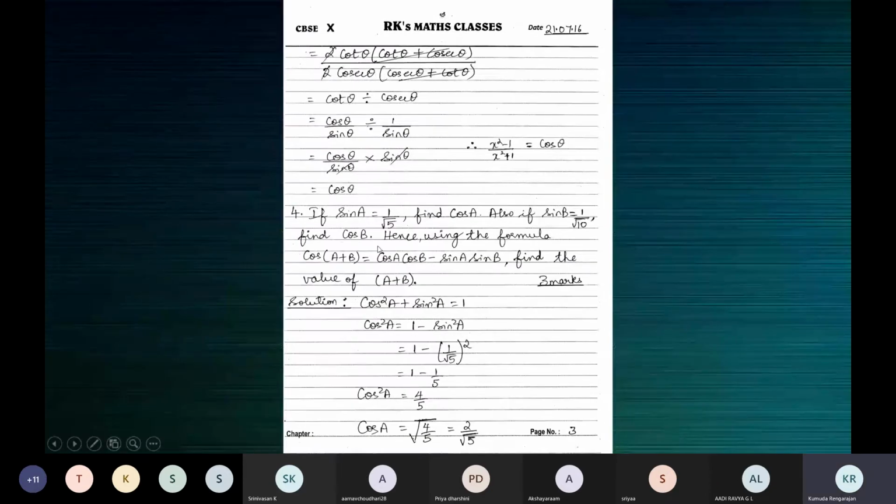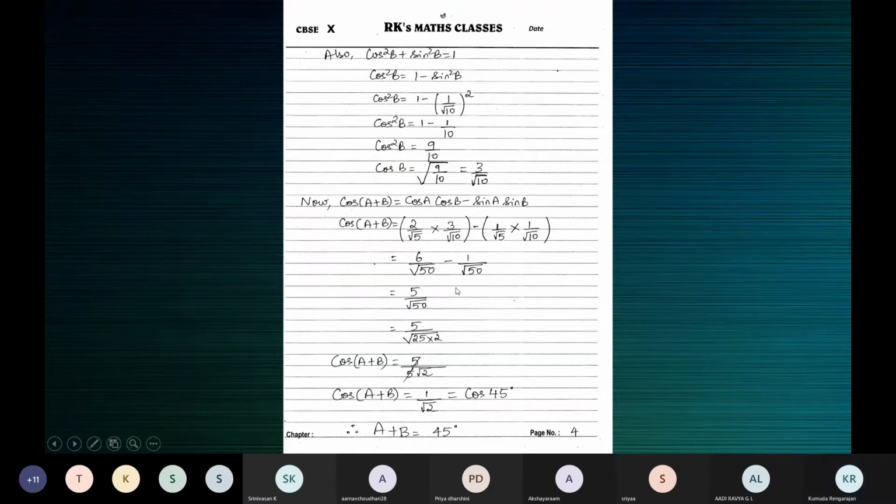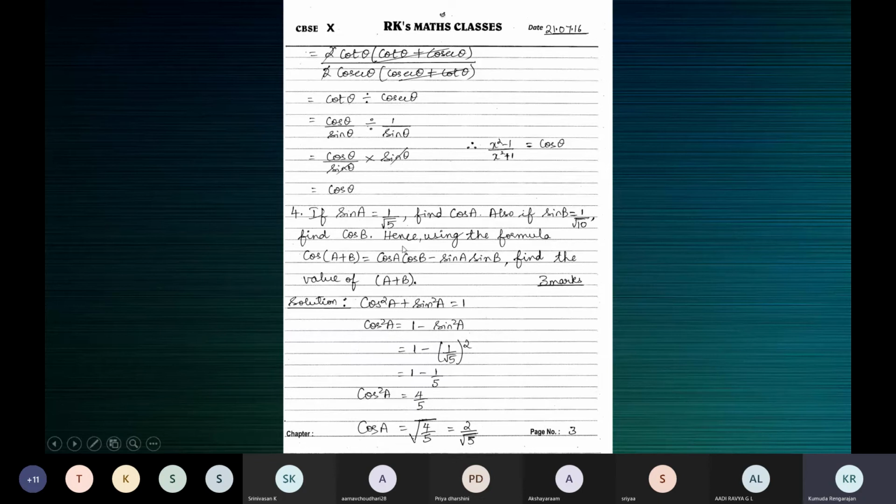This one, we have done this earlier, children. Srinivasan also asked me. We can multiply the numerator and denominator by root 2. Then you will get root 2 by root 10. We have done this earlier. Please work this. You have to work it.